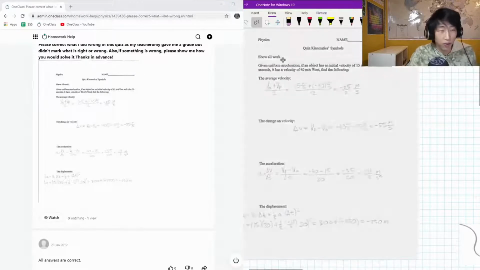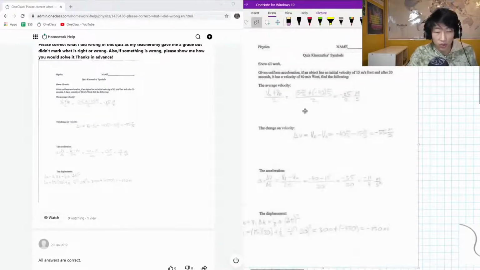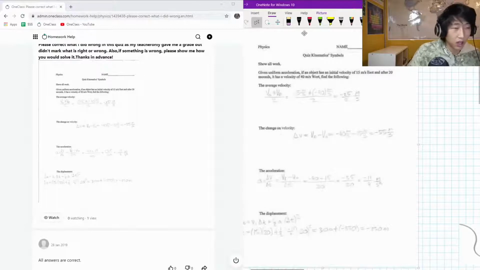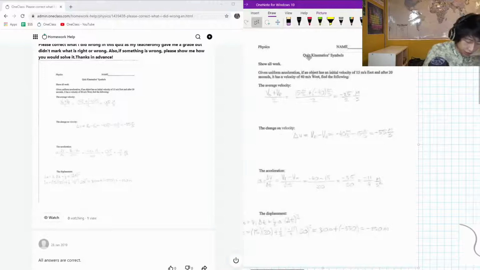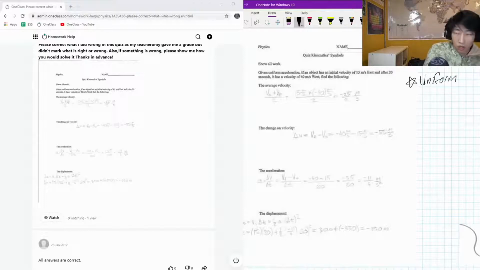So we're presented with the following situation. Okay, so we are given uniform acceleration. I'm just going to take note of that. Star, uniform acceleration.